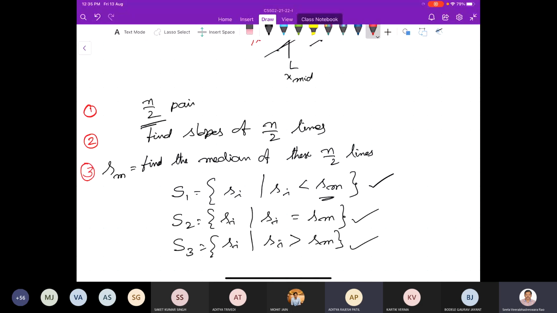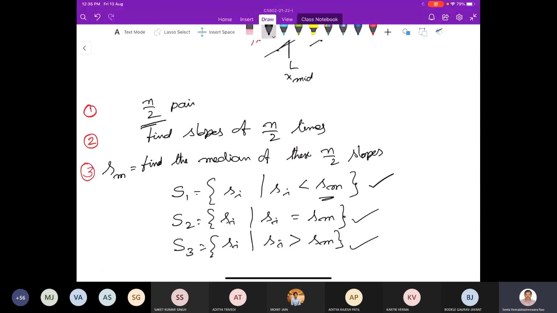So the median is with respect to the slope. Okay, understood. Yeah, median of the slopes. Maybe "lines" is what is indicated wrong here. So we are finding the median of these n/2 slopes.